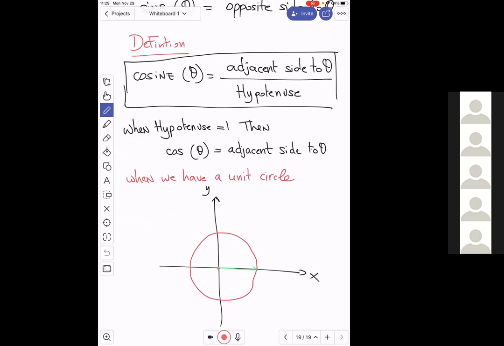Now, this point here has coordinates x and y. This should be x, and this should be y.